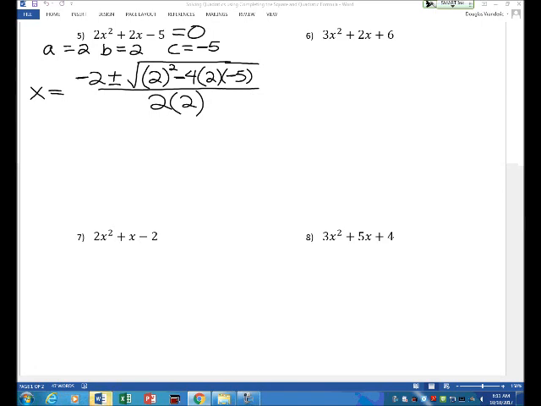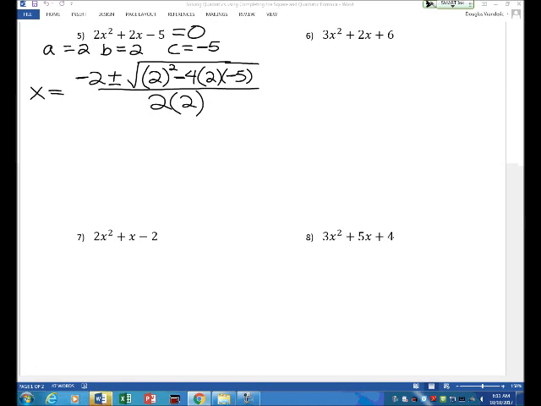If you're confused by that, all I did was take the formula right above the problem and made all of the A's 2, the B's 2, and the C negative 5. Just plug it in. If you can get here, that's your first checkpoint.